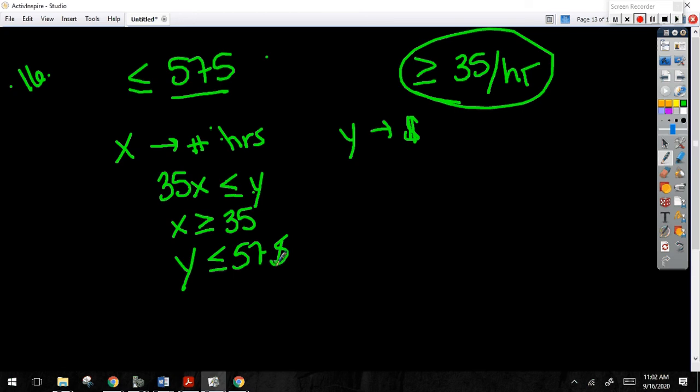So if I graph this, let's see. Y is greater than or equal to 35X. Y'all, I'm so sorry.